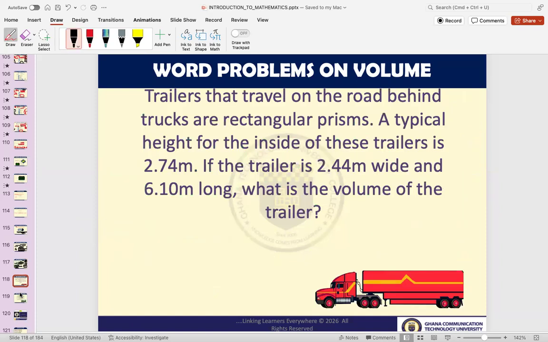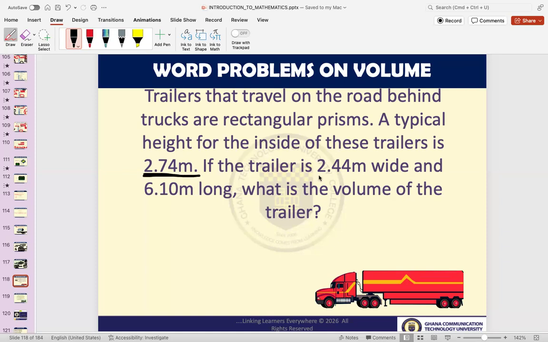Let's look at another example, a real life application. We need to understand some of these things. Now we want to look at a trailer, how to calculate the volume of the back of a trailer. It says trailers that travel on the road behind trucks are rectangular prisms. A typical height for the inside of these trailers is 2.74 meters.